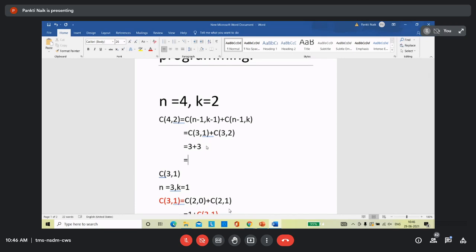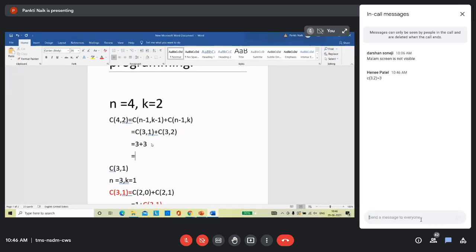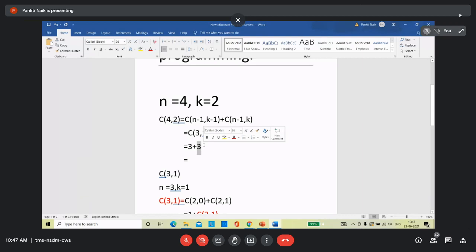Does everyone get 3? Those who did not understand, ask me right now. Right? The value of C3, 2 is 3. Right? If you don't get the answer 3, then tell me right now.